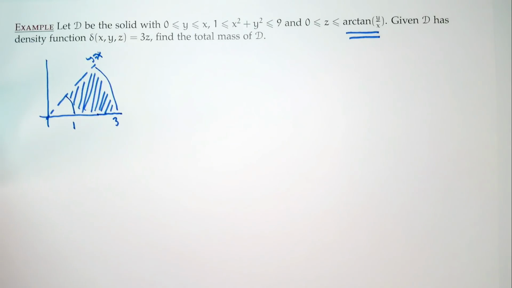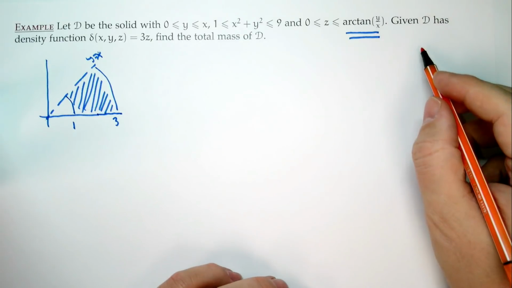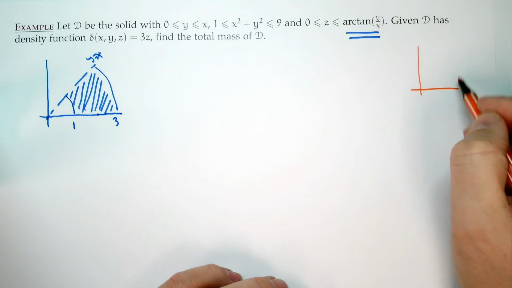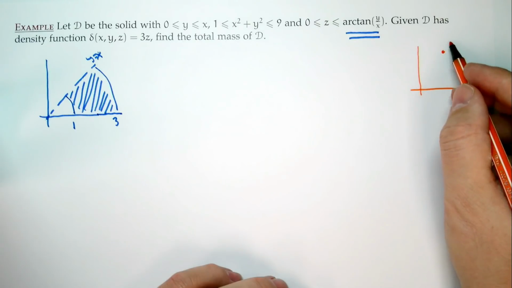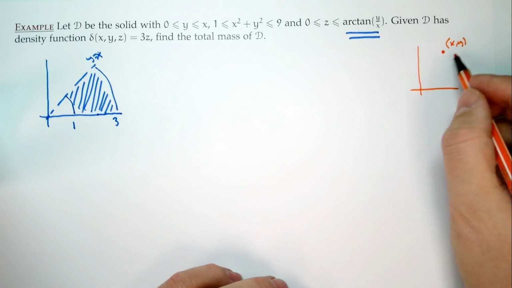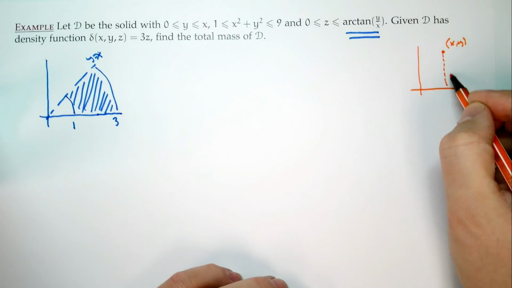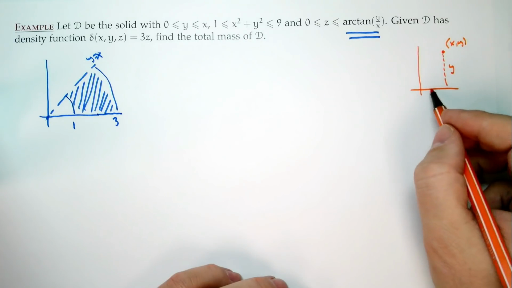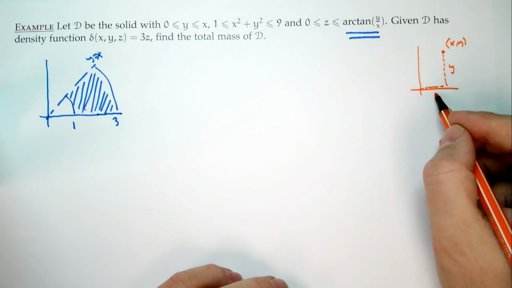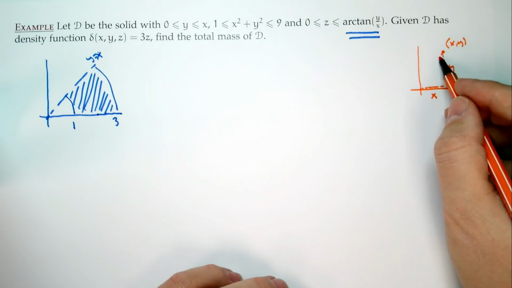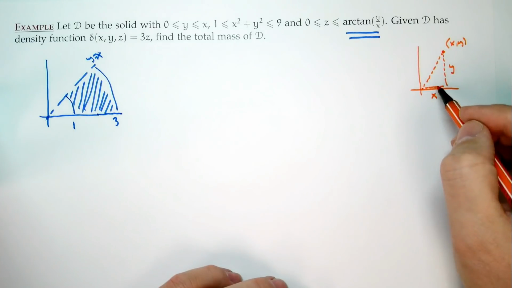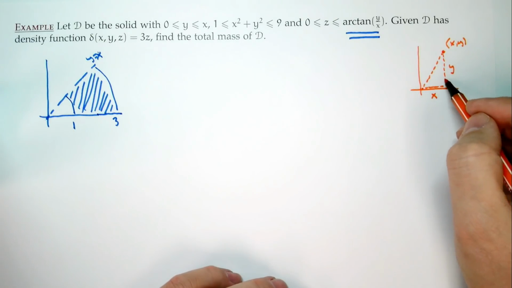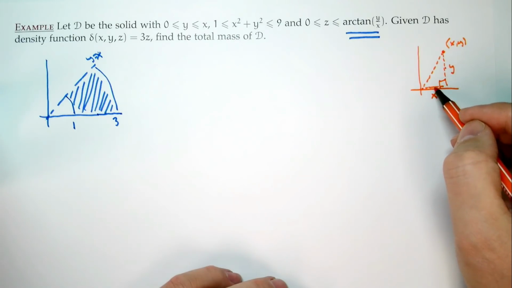Well, here's sort of the cool thing, if you think about it. If I'm at a point, let's say here's a point x comma y, I can think of y as my distance up, and x as being that. So arc tangent, if I think of it as a ratio, is the opposite over the adjacent.